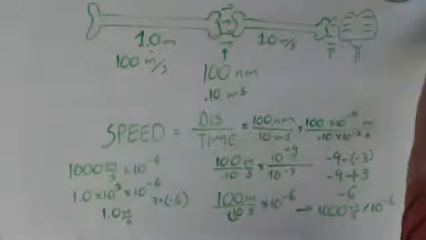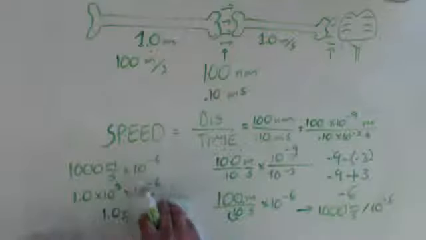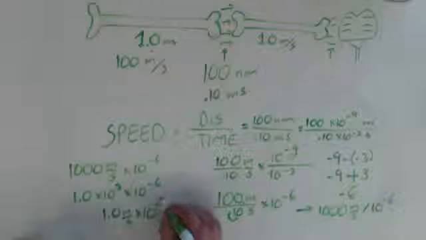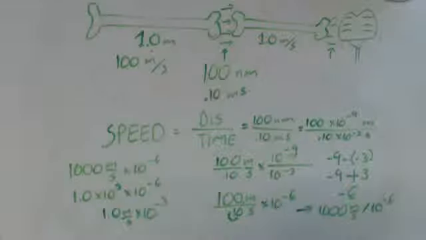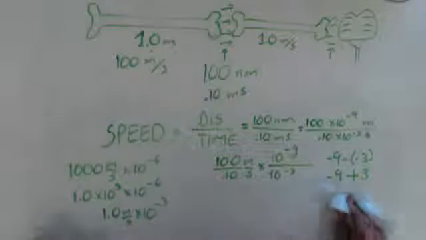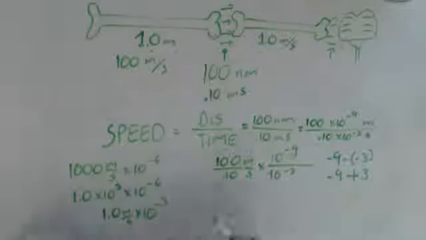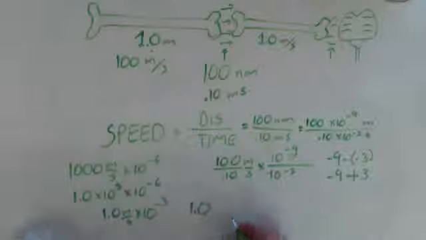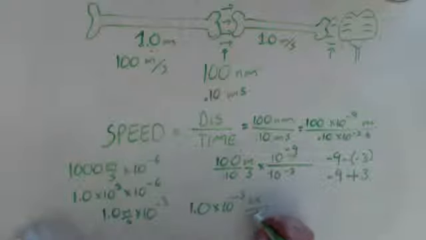I'm left with negative 3. So that's going to be times 10 to the negative third, or my final answer: 1.0 times 10 to the negative third meters per second.